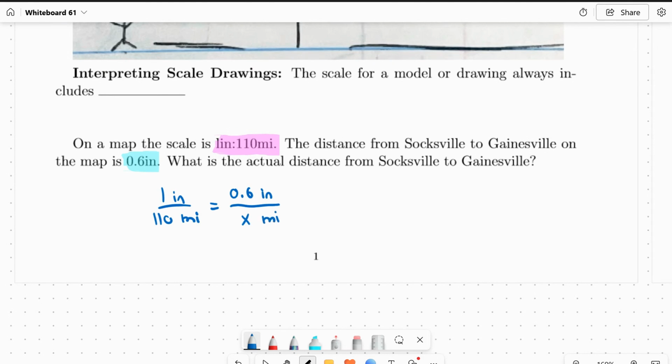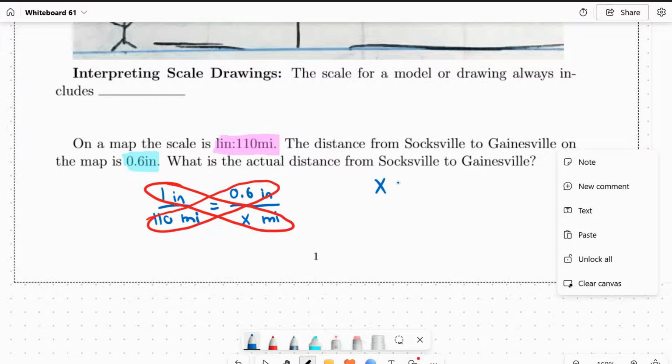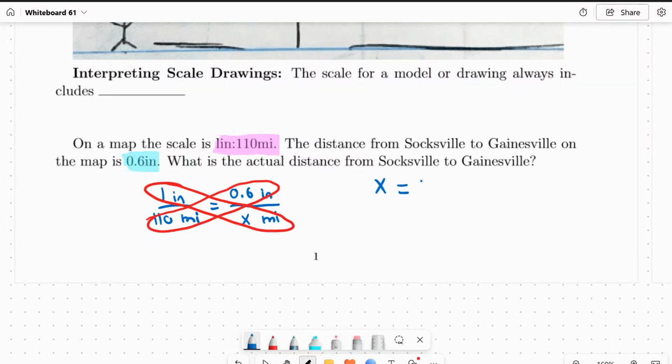Now, just like the previous example, we're going to solve this by taking the cross product. But when we take the cross product of this, don't worry about the units too much. We'll bring back the units in our final answer. So I've got 1 times x, which is just x. And then I've got 110 times 0.6, which gives me 66.